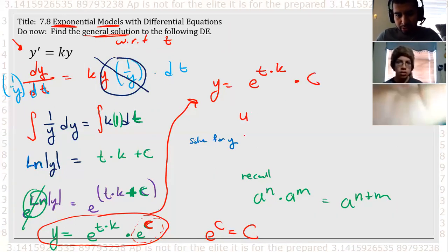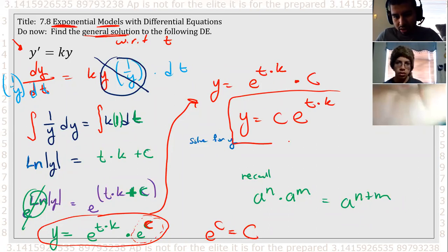Our answer should be y equals c e^(tk). This is the formula we're going to be learning today. I know the book just gives it to you, but I feel like we should know where it comes from. This is what we're going to be using. Any questions so far?